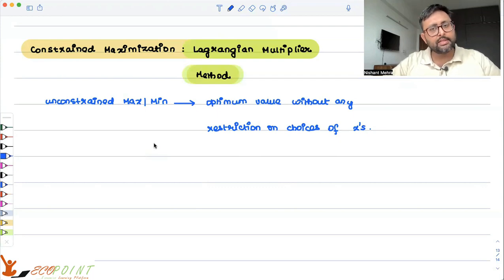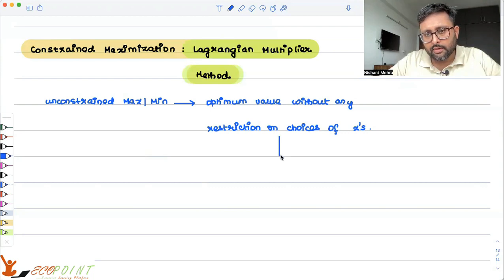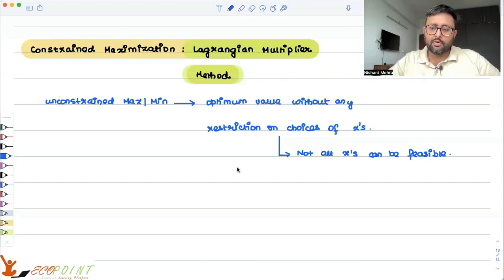In unconstrained optimization, there is no constraint on x's. But there is a possibility that not all x's can be feasible. x can be positive, x can be 0, but x can't be negative in the case of the consumer optimization problem.